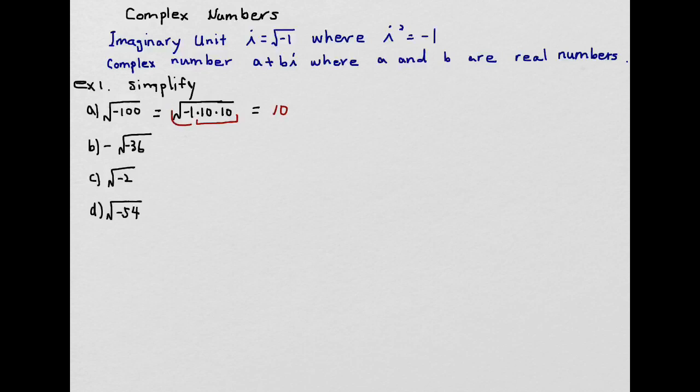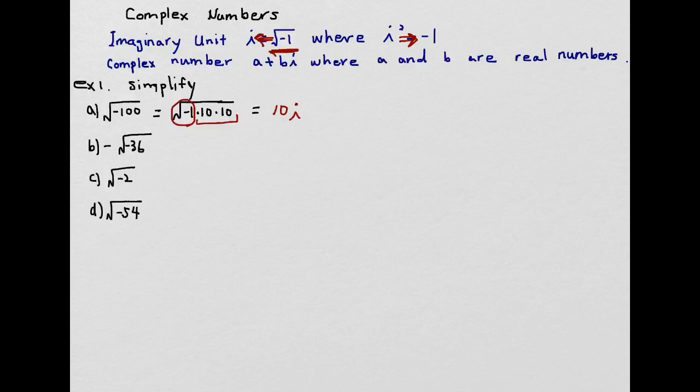And this square root of -1 will be your i. Remember, whenever you see the square root of -1, you convert it into i. Whenever you see i squared, you convert it into -1.